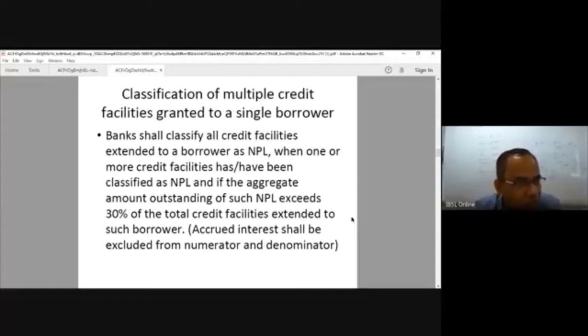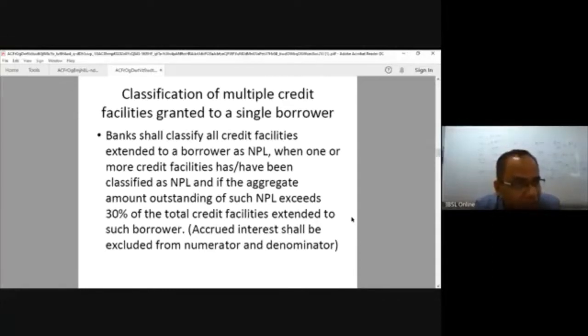Whether you take a group, a single entity, or an individual, out of the facilities you have given, if 30% of the facilities are becoming non-performing, then all 100% will have to be classified as non-performing. That is the idea. It can be an individual who is enjoying about 10 loans and about 2 ODs and then 10 other loans and all that.